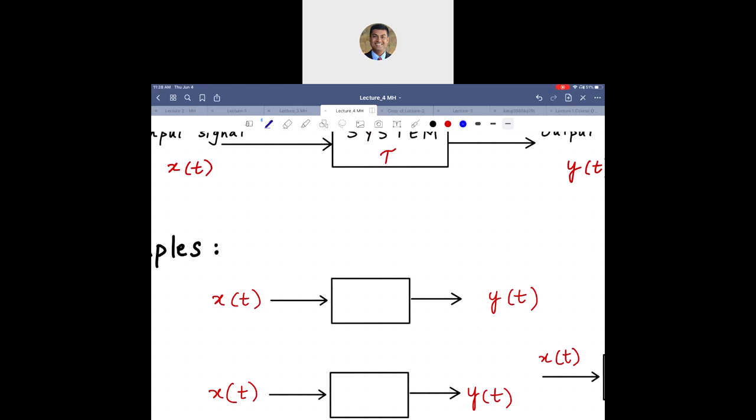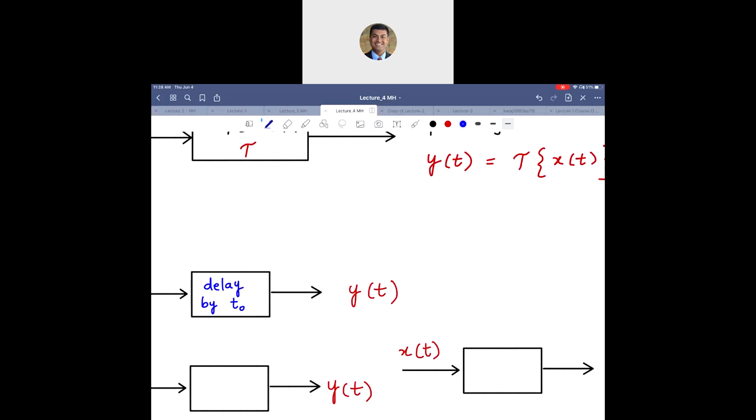Let's say our first system is a delay system. So delay by some constant delay t0. How would I be able to write y of t in terms of x of t? X of t gets delayed by t0.